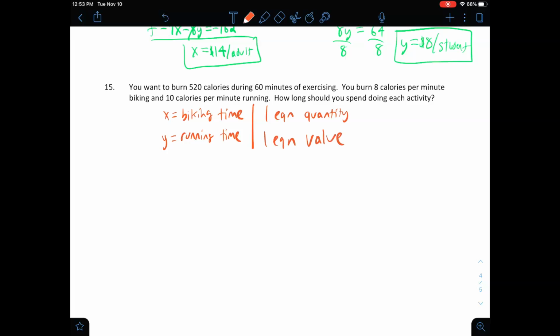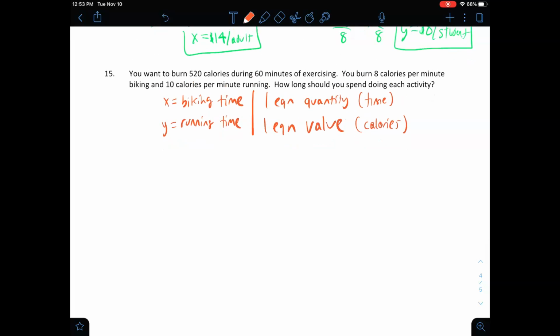That's kind of what we got away from for the last problems we were doing. So one is going to measure how many minutes we exercise, and the other equation is going to measure how many calories we burn. So this one's going to be time, and this one's going to be calories. That's what I mean by quantity and value.